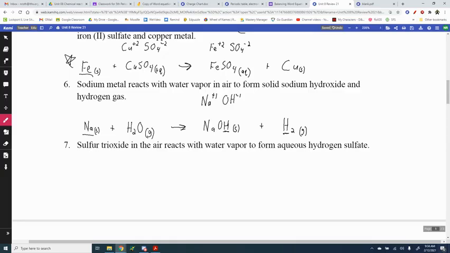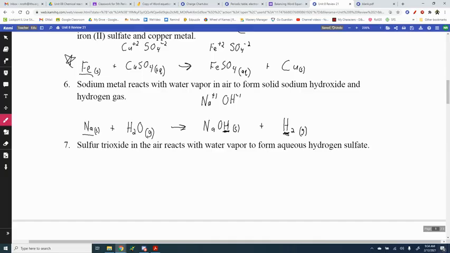So the best way to do this is to save that for last, except we can't because all the other ones are already balanced. So we can't save it for last, but we do have an odd number of hydrogens. Okay, so we have 2 hydrogens here. We have 1 hydrogen here, so that's 3 hydrogens. So that's bad. We don't really like odd numbers.